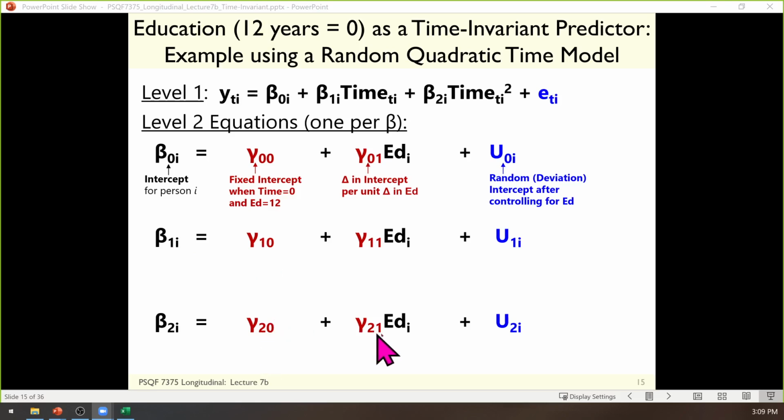And the first subscript is a 2 in the last row because they all go with beta 2. The second subscript is an index for which predictor it is within the level 2 equation. So this is gamma 01 because education is the first predictor of beta 0. If I added in a second time invariant predictor, it would be gamma 02, gamma 03, gamma 04, gamma 05. So the second subscript we haven't really needed up to this point, now we do.